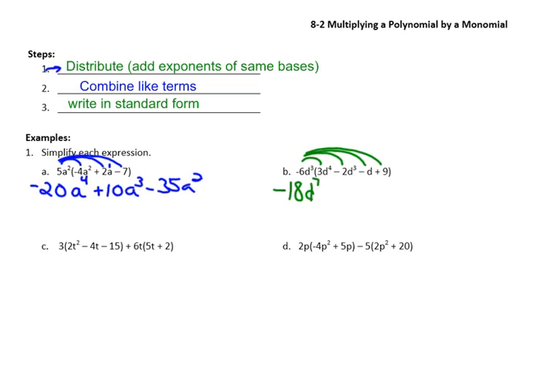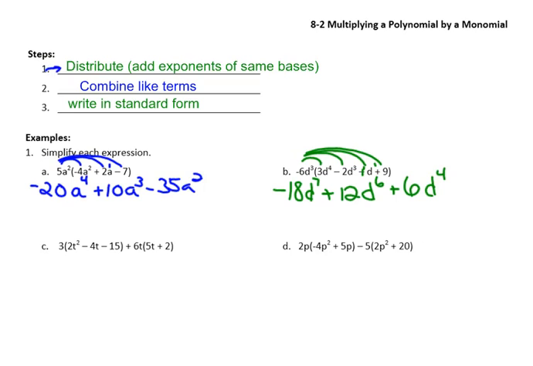Now, negative 6 times negative 2, always taking the sign of what's in front, is going to give me positive 12. D to the 3rd, d to the 3rd, add those exponents, and you're going to get d to the 6th. Negative 6 times negative 1 is going to give me positive 6. D to the 3rd times d to the 1st, d to the 4th.